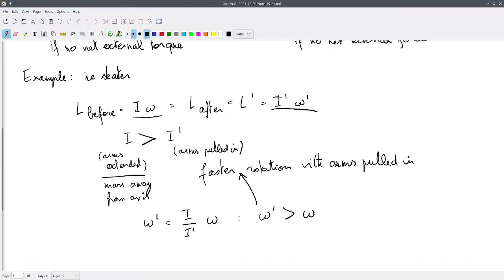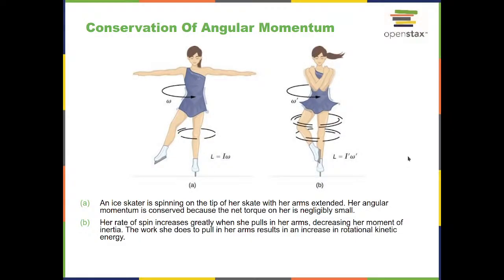Let's look at that again on the picture now. If L, which is I times omega, has to remain constant, and I decreases, then omega will have to increase to make up for the decrease in I.